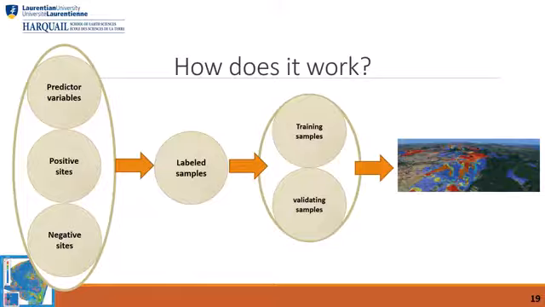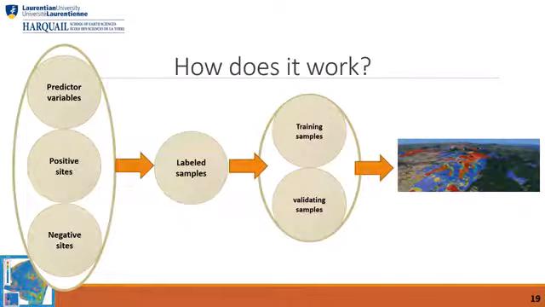But the first step in defining negative sites is to define a number of random samples, because unlike mineral deposits that usually form clusters, random sites should be distributed randomly in space, and they should adhere to a random spatial distribution.